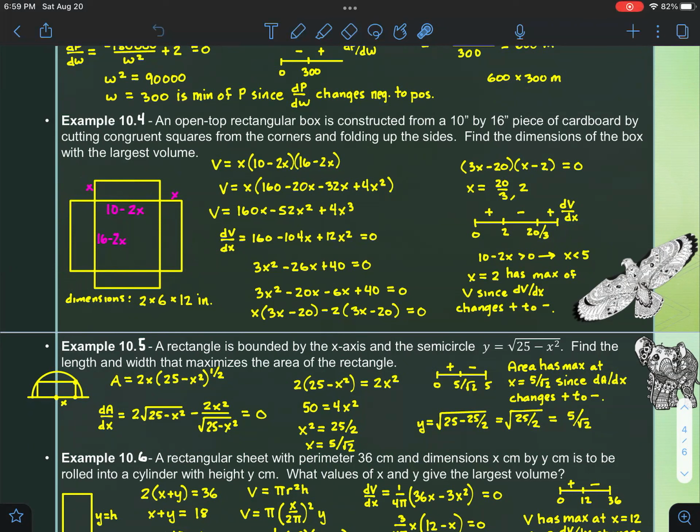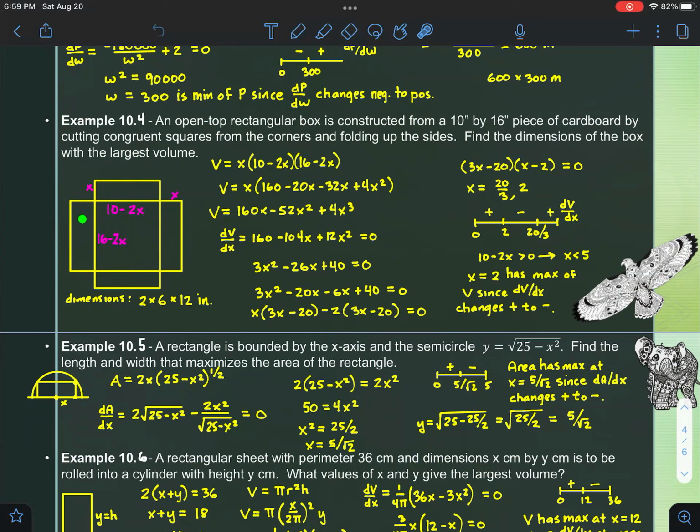And what I know then is that this middle piece that I'm highlighting, originally it was 10 inches across, but if we're accounting for an x and an x on either side, this dimension here, which is going to end up being one of the dimensions of the base of the box, would have to be 10 minus 2x. Similarly, this piece here, if we account for an x and an x above and below it, this piece must be 16 minus 2x. Okay.